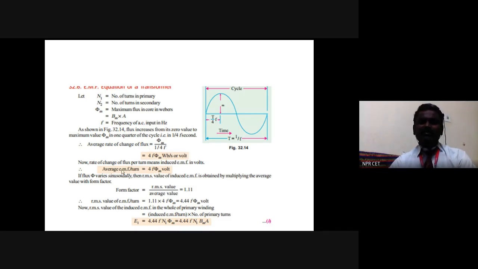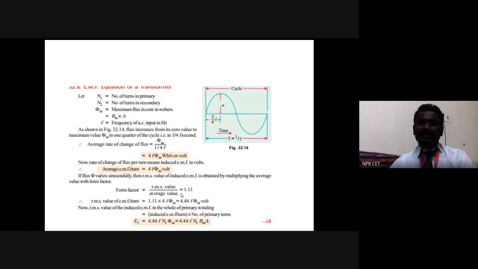For any AC circuit, we have to calculate the RMS value. How do we calculate the RMS value of EMF? By using this formula, form factor is RMS value by average value, which gives 1.11. So RMS value is equal to 1.11 into average value. If flux phi m varies sinusoidally, then the RMS value of induced EMF is obtained by multiplying the average value with the form factor.